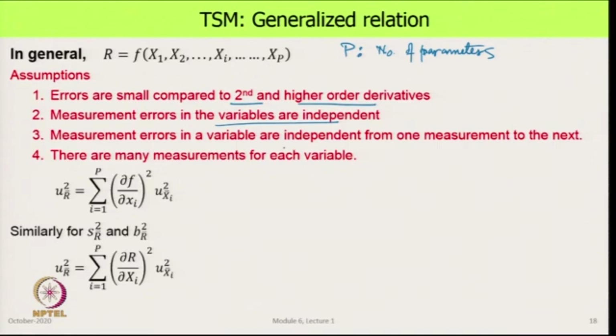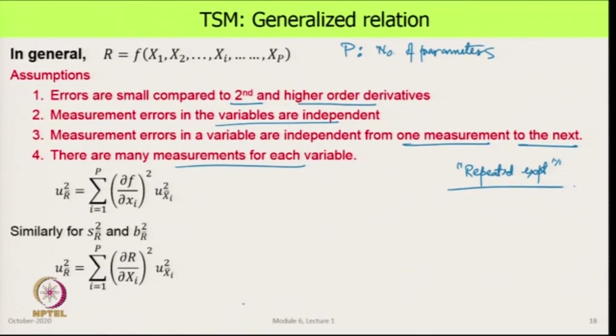Number 3, measurement errors in a variable are independent from one measurement to the next, which is basically saying that we are using the same setup and not changing, say, an instrument in between. So, in some way we can say that this was the idea that we got in a repeated experiment. And fourth, there are many measurements for each variable, we do not have just one value.